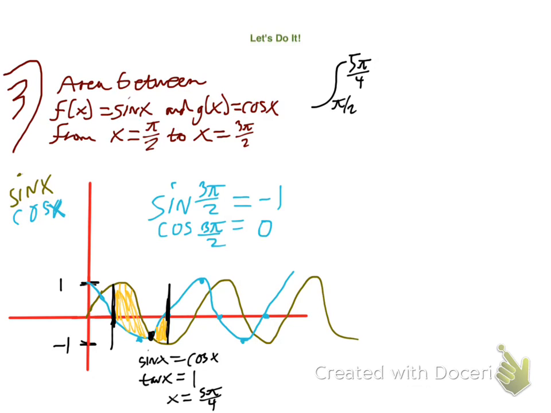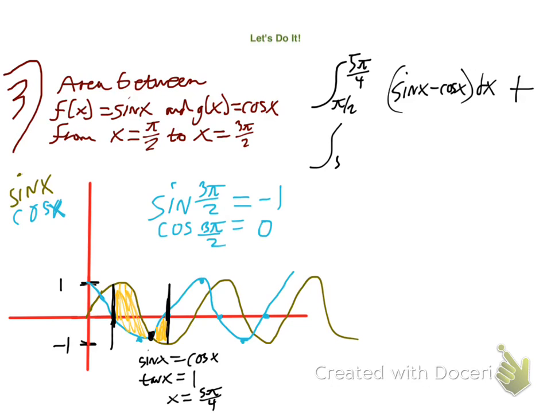And so this is what you got. Plus, because you're going to need to add it to the area of this curve, and that's how you're going to get the total area, plus another integral. And what is the bottom limit for this new integral going to look like? The bottom limit here is 5 pi over 4 again, because we're at the intersection point.